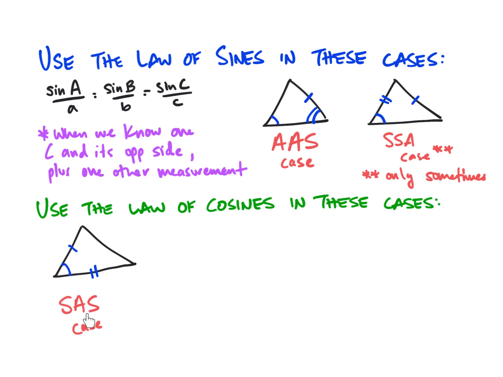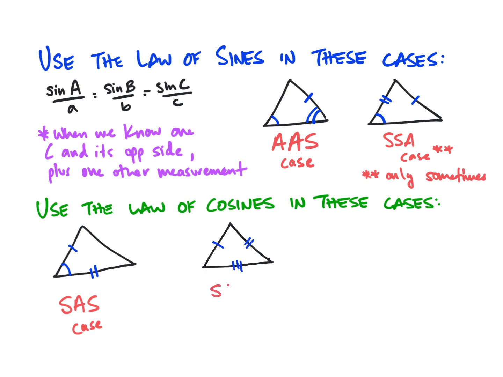In this case, the side angle side, we should be able to use the law of cosines to find a missing, specifically what we'd be able to find is this side over here. We'd be able to find this third side here using the law of cosines. The other situation where we're going to use the law of cosines, and this one's a little bit trickier, is if we have all three sides.